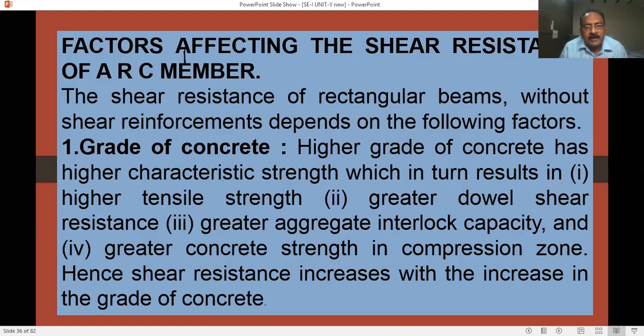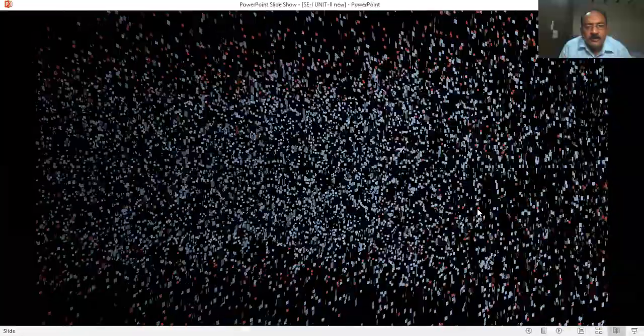The second point is greater dowel shear resistance. The third one is that the bond should be greater between aggregates, with greater aggregate interlocking capacity and greater concrete strength in the compression zone. Shear resistance increases with increase in the grade of concrete. This is the first one.